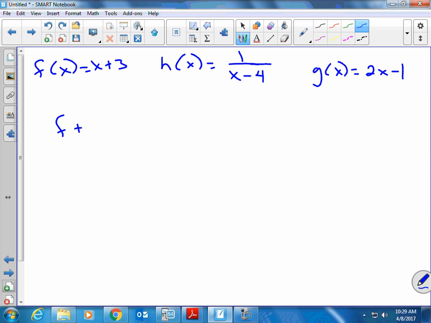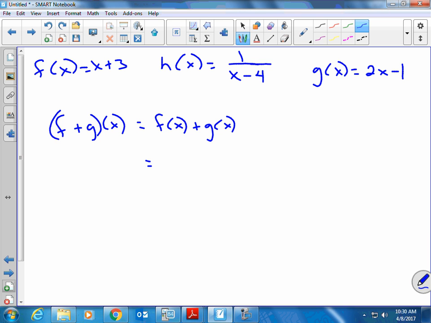All right, so what if I have f plus g of x? And I don't have a number in there, but I have f plus g of x. And I want you to simplify or evaluate that function. What that means is to take f of x, just like we did if that was a number, plus g of x, and add them together.